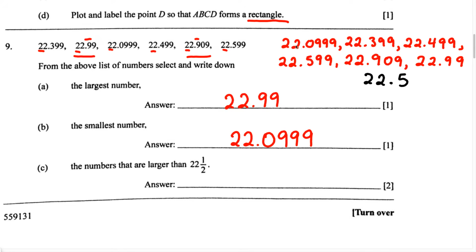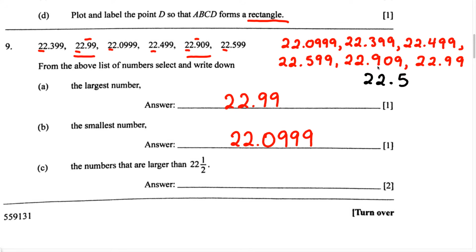If we look at this, we know 22.09 is not larger than this. 22.399 is not larger than this. 22.499 is not larger than this. But on the other hand, 22.59 is larger because they have the same digit in the 10th unit, but then in the 100th unit, it has a 9. And we know in the 100th unit for this one, it will be a 0. Therefore, this number is larger.